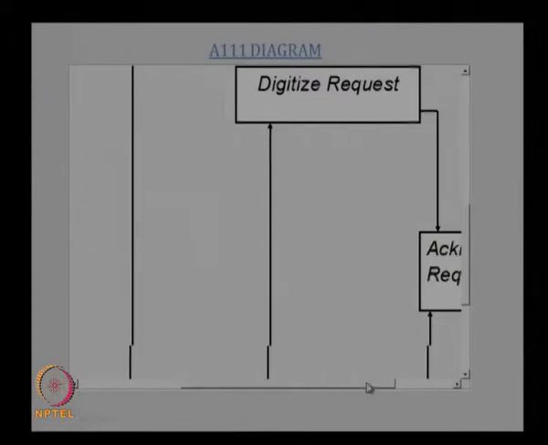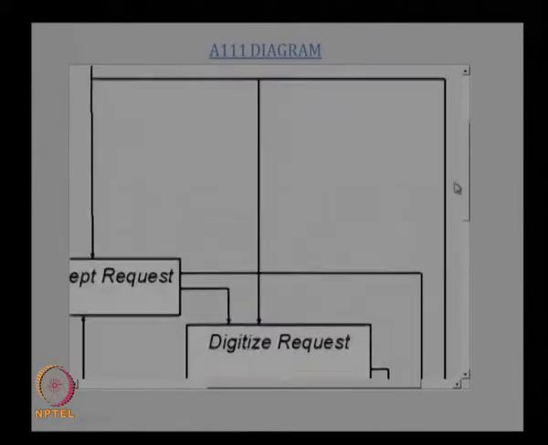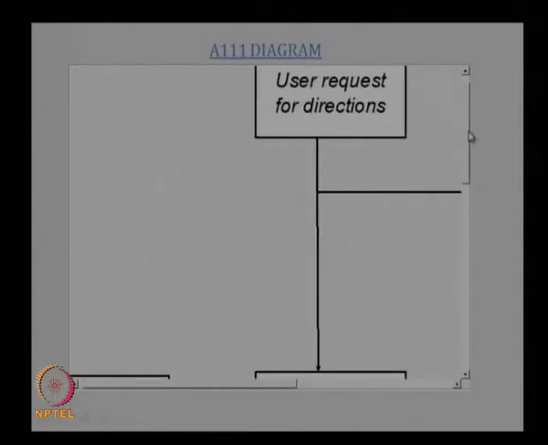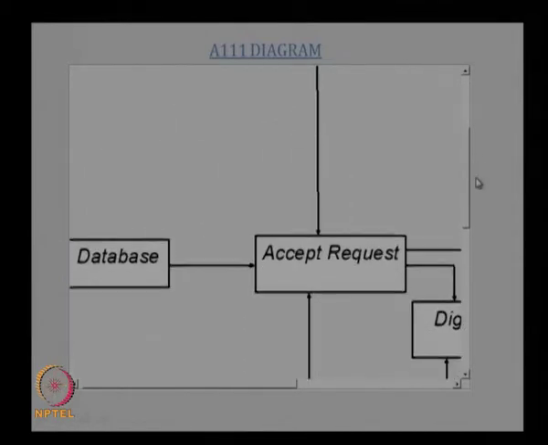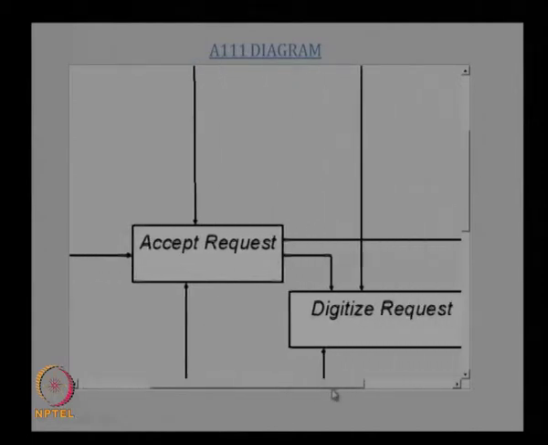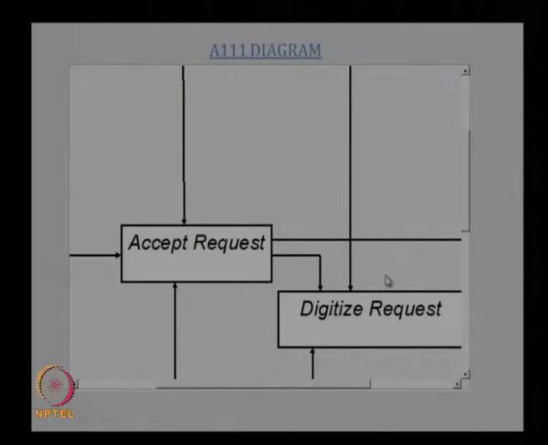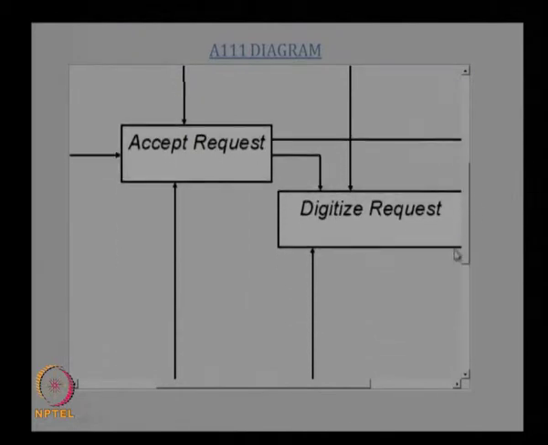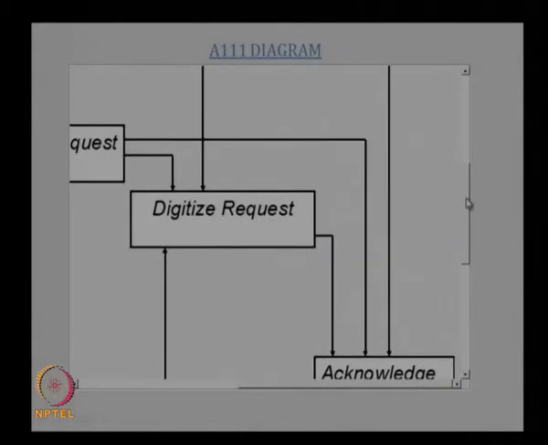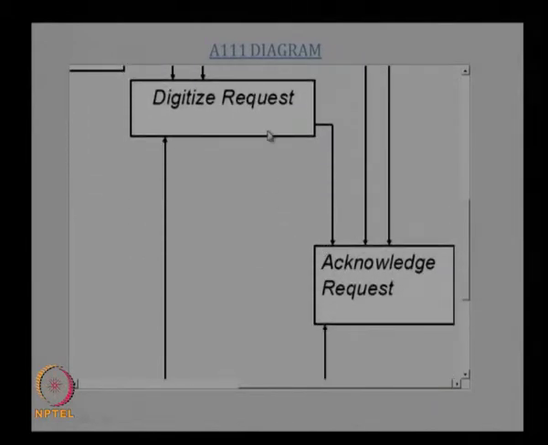The accept request function is decomposed into small functions here. So this is the accept request, the first function, then digitize request is the next function, and then once you have the digitization of the request, it will be passed to the next function. This is basically acknowledge request.